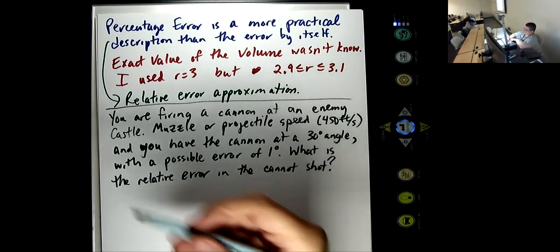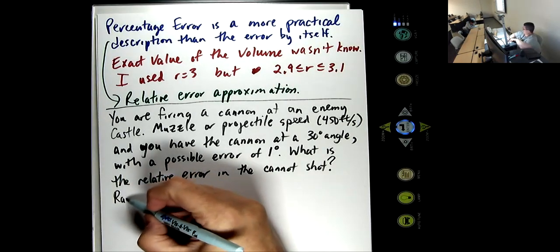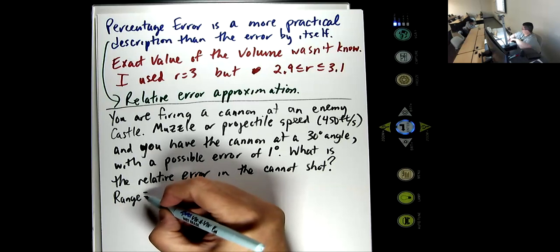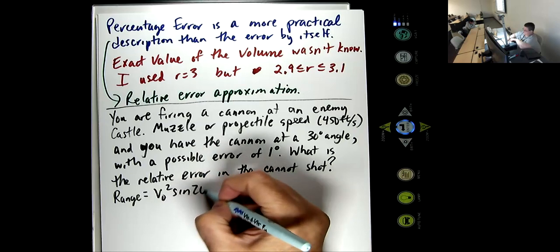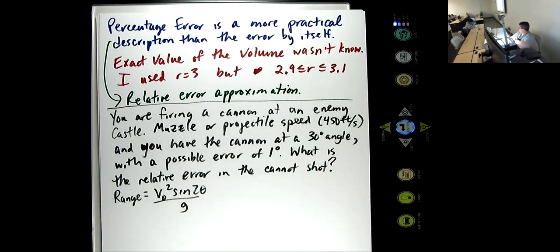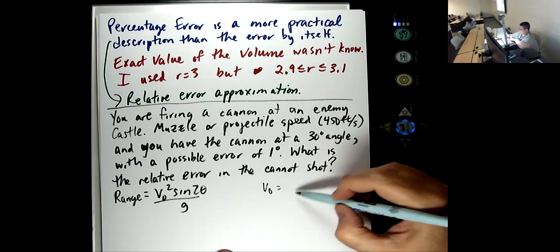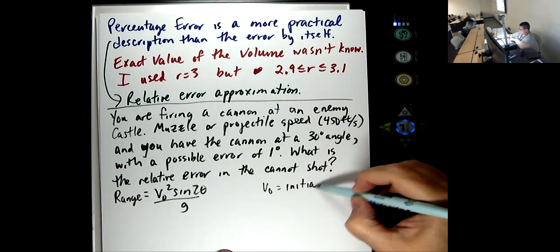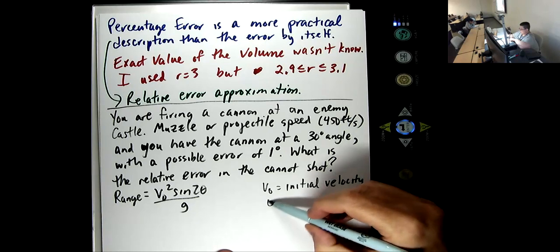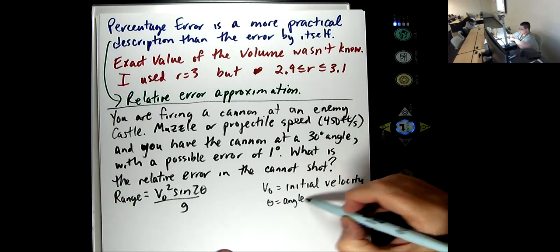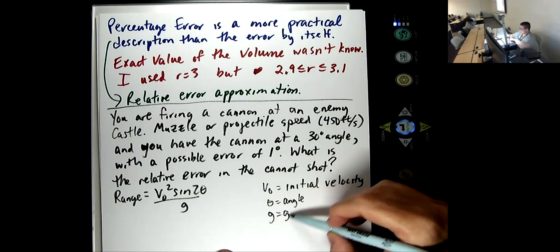You'll need to know the range of the cannon, which is v naught squared sine 2 theta over g, where v naught is the initial velocity, theta is the angle of attack, and g is the gravitational constant.